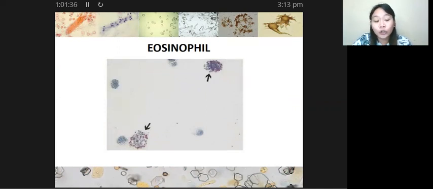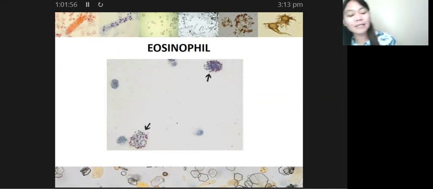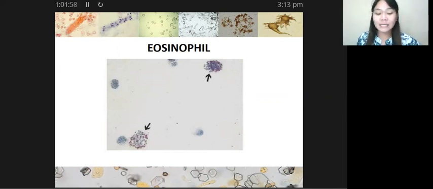Take note that your neutrophils have a light blue color if they are subjected to your Sternheimer-Malbin stain. So I repeat, the color of your neutrophils in Sternheimer-Malbin stain is light blue.